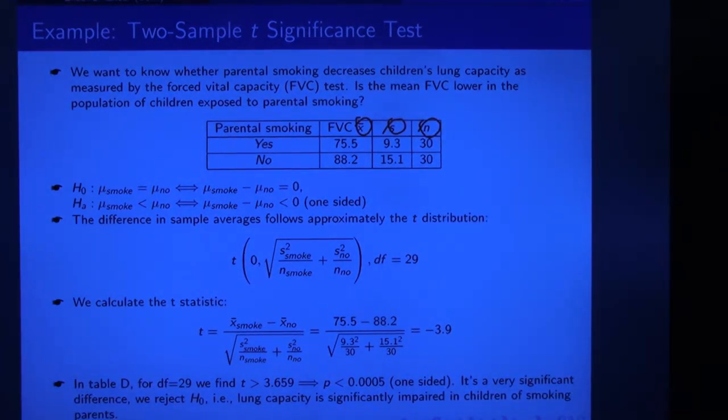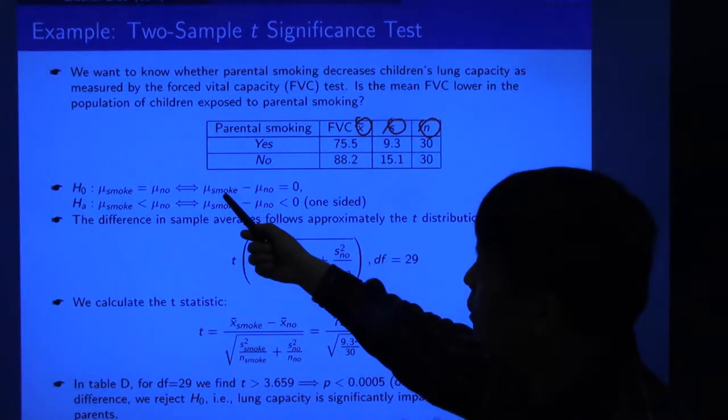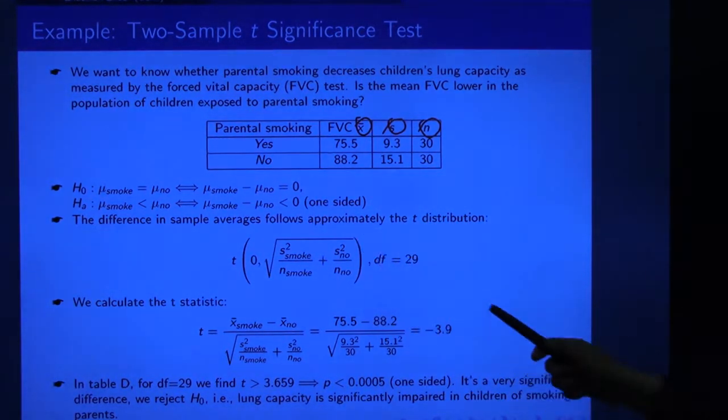The next step is to state the hypothesis. H0: because we want to test if there's any difference, the mu of the smoking population equals the mu of the non-smoking population. That means there's no difference, that means mu smoke minus mu non-smoke equals 0.